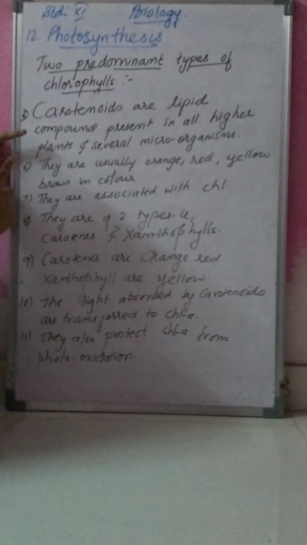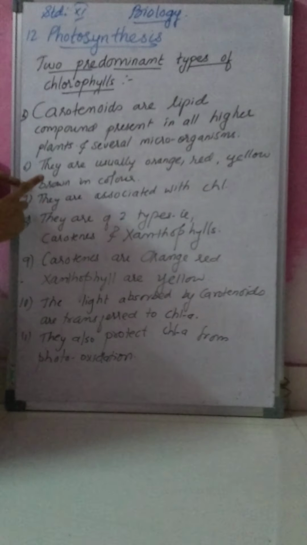Carotenoids are lipid compounds present in all the higher plants and also in different microorganisms. The color of these carotenoids is orange, red, yellow or brown. Different colors are present.